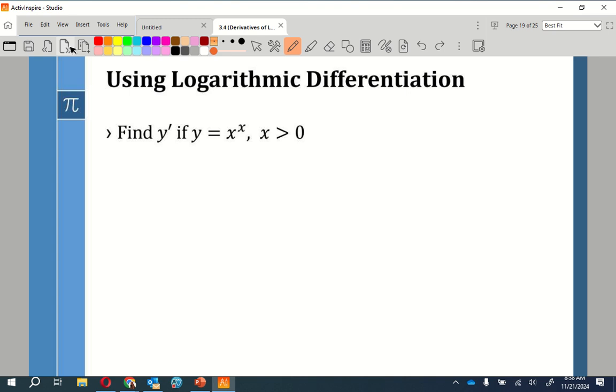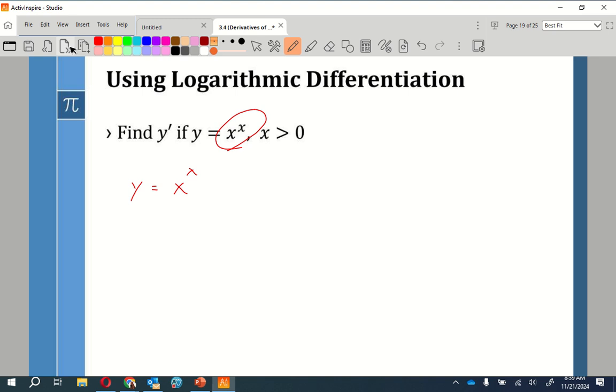But now, see this right here? This is super crazy. X to the x. So we are going to needlessly complicate, actually needfully complicate this. Let's ln both sides because I like natural log.